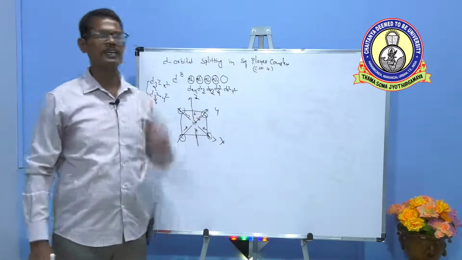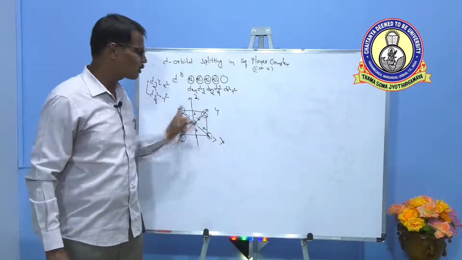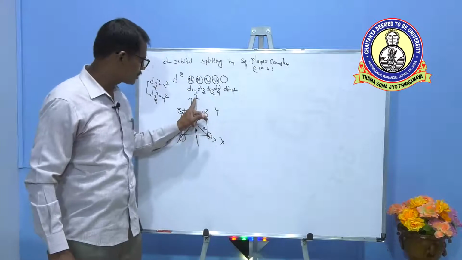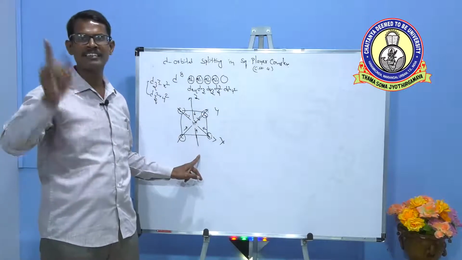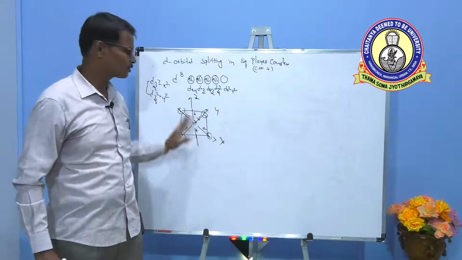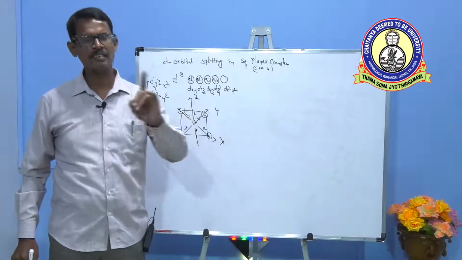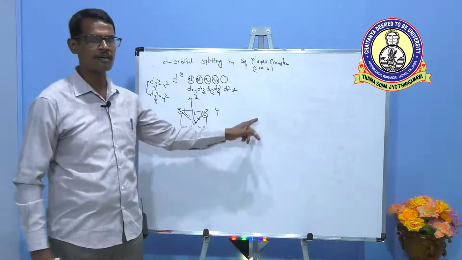So in the square planar complex, 4 donor atoms are present along the x and y axes, and there is no donor atom along the z axis. So it is square planar geometry. It is an unsuccessful attempt at an octahedral complex.